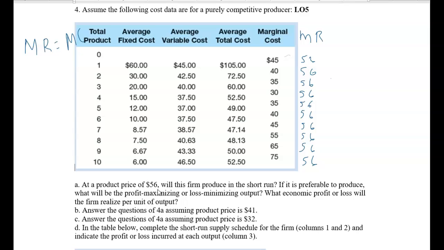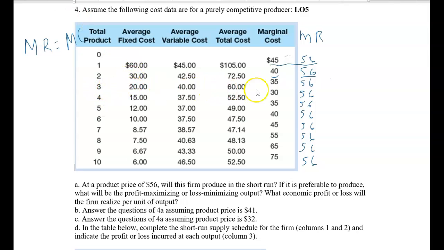If we are producing 1 unit of output, and we compare $45 to $56, our marginal revenue is still higher. If we go to our second unit of output, our marginal cost is $40 and our marginal revenue is $56.